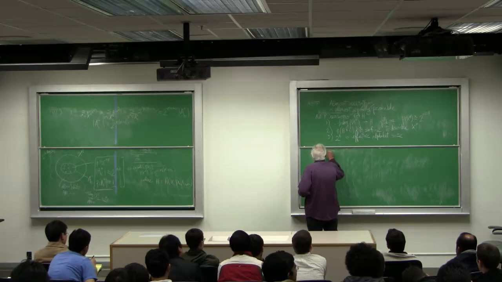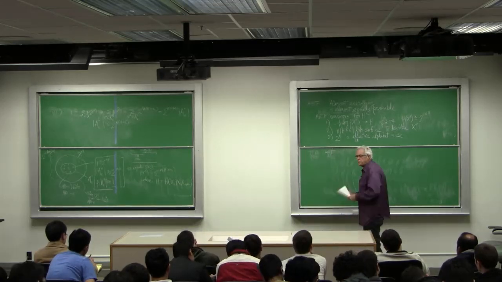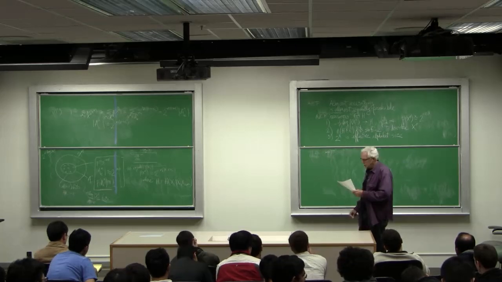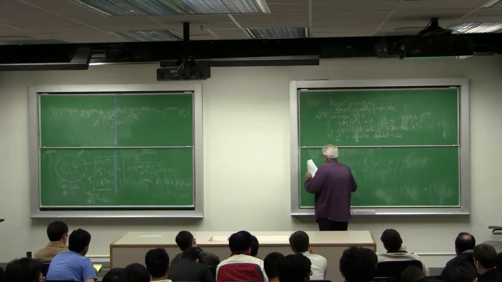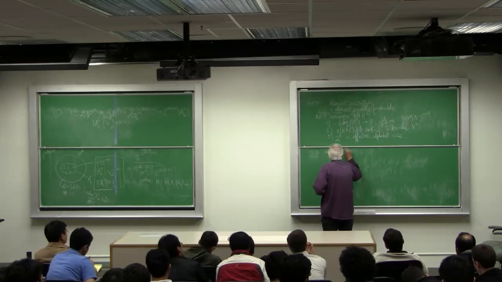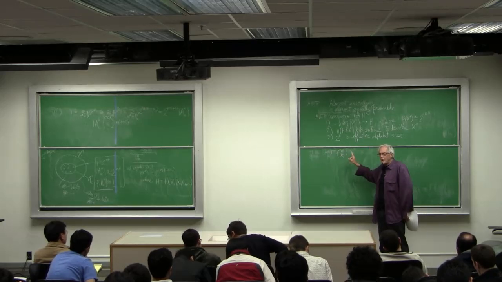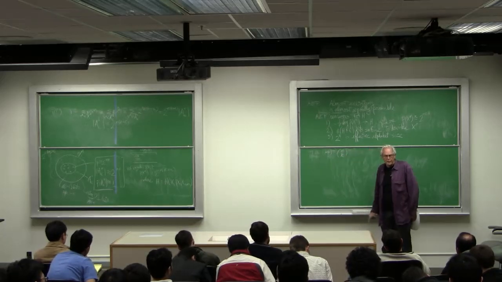Now, 4, here's another good reason for H, and this is where it first came up in Boltzmann's considerations. N choose K. So I have N objects, and I want to choose K of them.